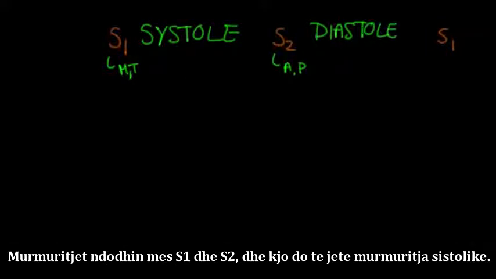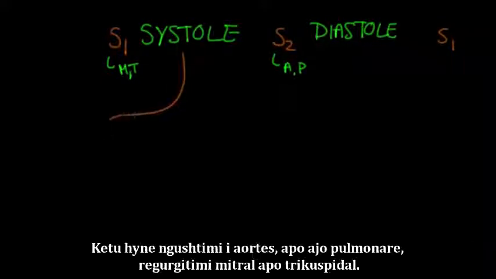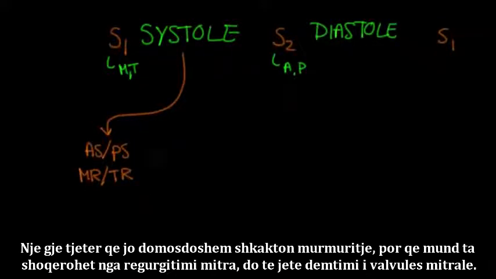Now, murmurs can occur between S1 and S2, and these would be systolic murmurs. These would be things like aortic stenosis, pulmonic stenosis, mitral regurgitation, or tricuspid regurgitation. One other thing that doesn't necessarily cause a murmur, but can be accompanied by mitral regurgitation, would be mitral valve prolapse.